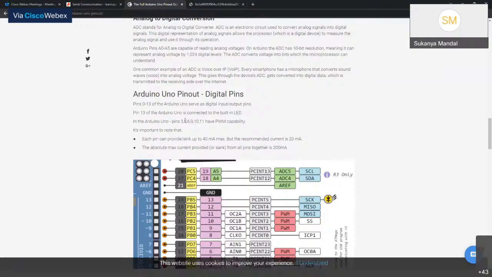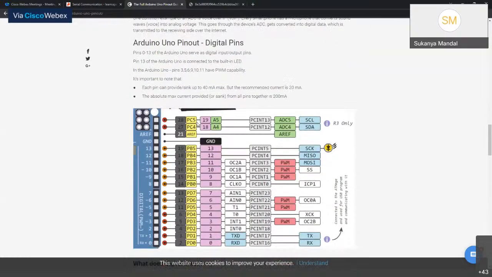And in the Arduino Uno, pins 3, 5, 6, 9, 10, and 11 have PWM capability. It is also important to note that each pin can provide a sink up to 40 milliamps max, but the recommended current is 20 milliamps.